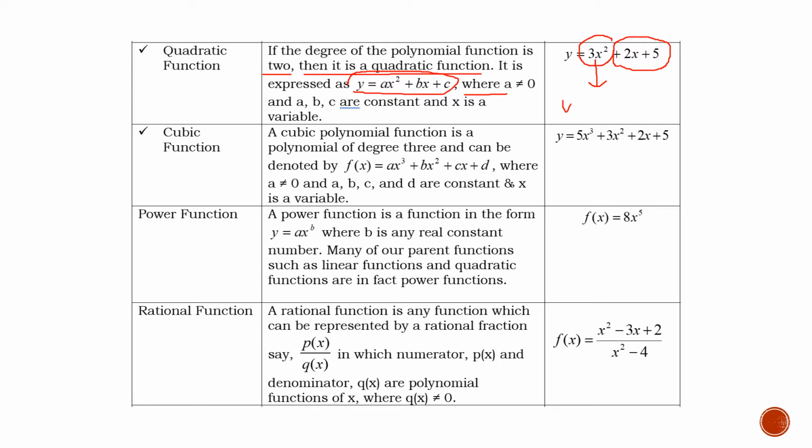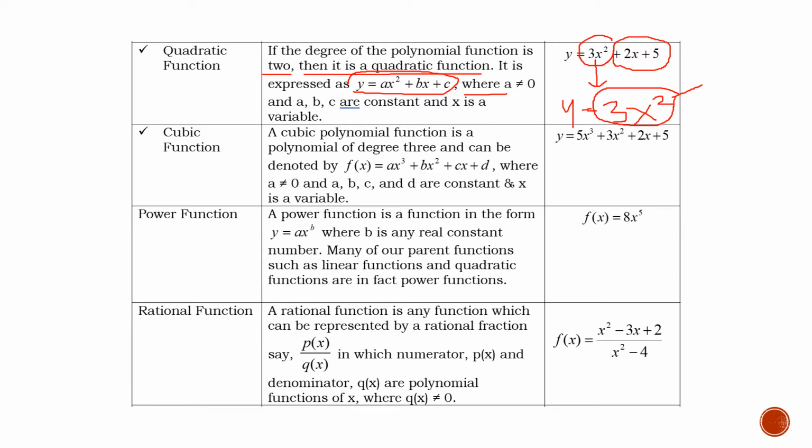Even if y is equal to 3x squared, as long as there is a term that has a variable with an exponent of 2, this equation is considered a quadratic function, wherein your leading term has an exponent of 2.